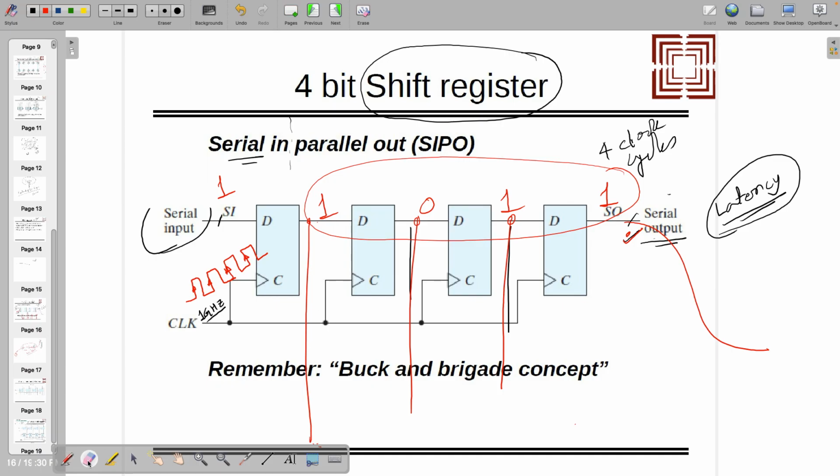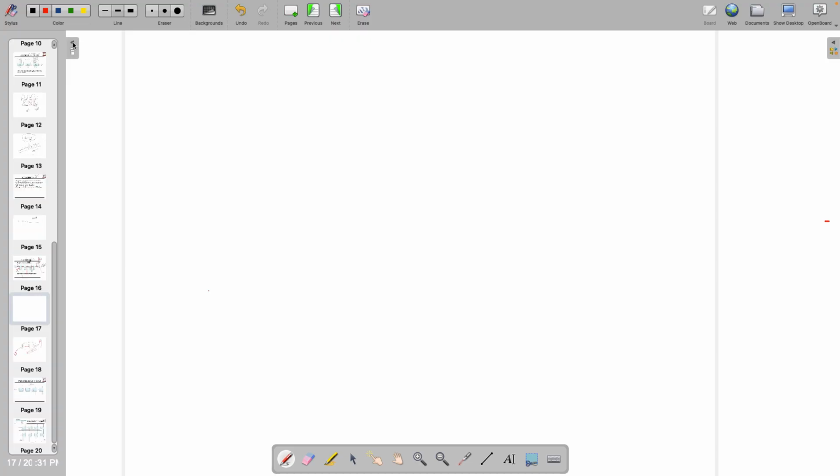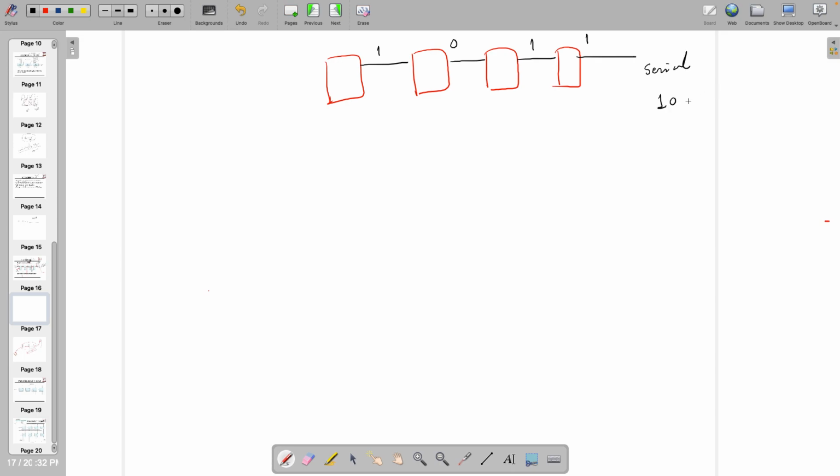So what I am doing, here the first one, second, third and fourth. So at the first time 1011 was available, right? In reality, when we are going to check the serial output, it will be 1011, right?